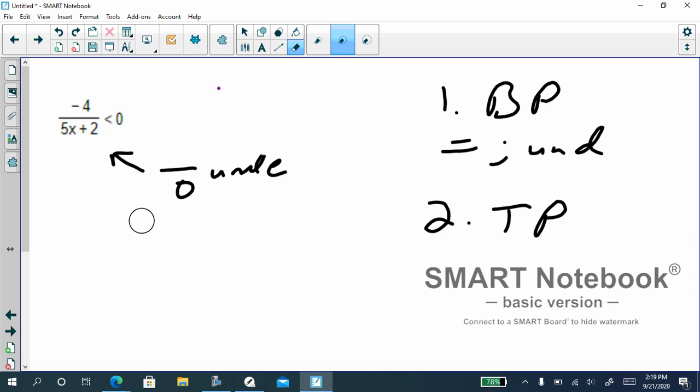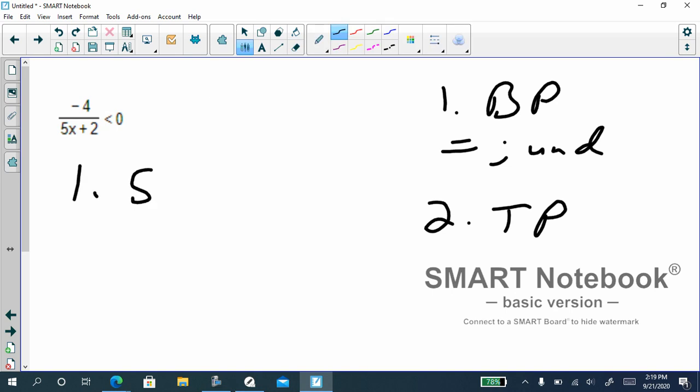So let's start there. Let's look for our boundaries, and the first boundary we're going to look for is where it is undefined. So we take the denominator and ask, what would make the denominator 0? The reason is it would make it undefined.